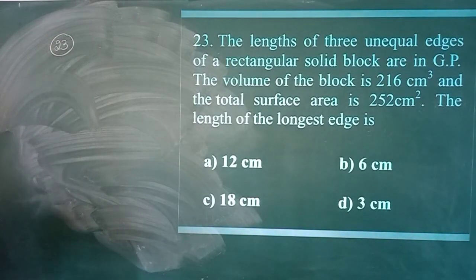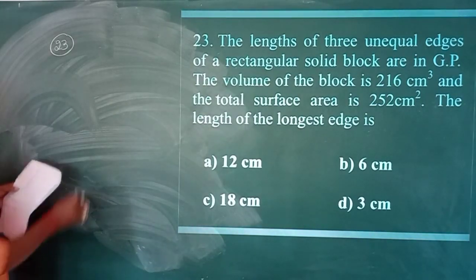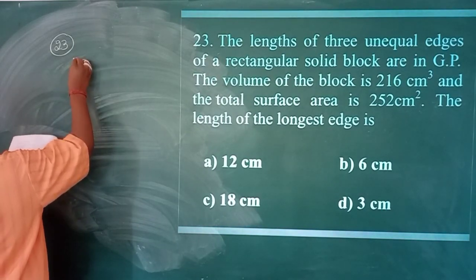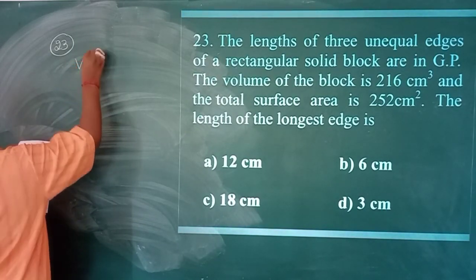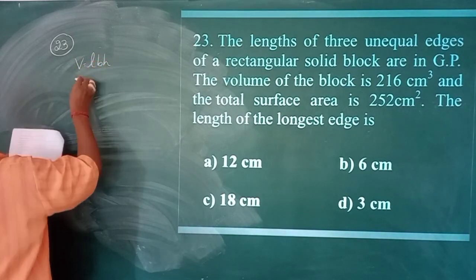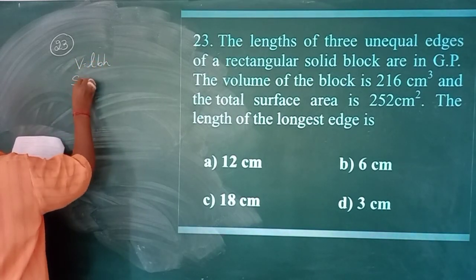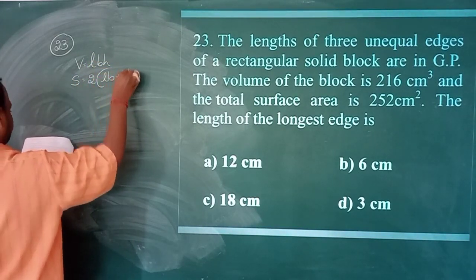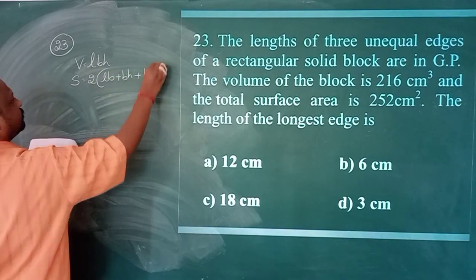The lengths of 3 unequal edges of a rectangular solid block are in GP. The volume of the block is 216 and the total surface area is given; find the length of the longest edge. They have given GP. Volume is given by length into breadth into height, and surface area is given by 2 into (LB plus BH plus HL).